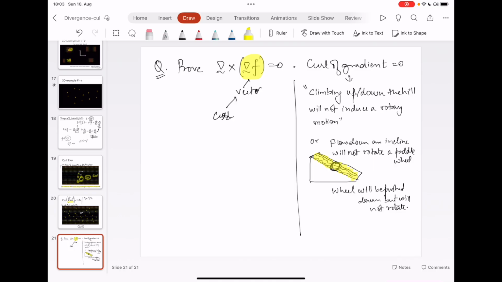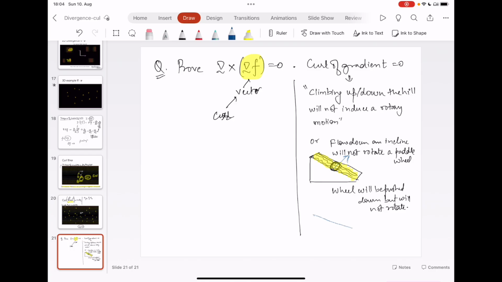If you place a paddle wheel, all that paddle wheel is going to experience is downward translation, but not rotation. If you were to place this wheel with its axis of rotation perpendicular to the face of this plane, so you're not setting it up for rolling motion like a typical tire would on top of a hill, but you're placing it to experience the flow field. So you're facing it with its face down on the plane.